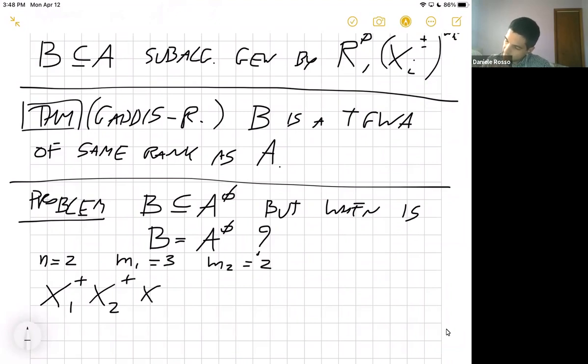So you could have an element like x1 plus, x2 plus, x1 plus, x2 plus, x1 plus. And this is fixed, because if I act on x1 by a third root of unity and on x2 by -1, then all the scalars will cancel out. The problem is that I am not guaranteed to be able to move these past each other to write it just as something in x1 to the power 3 and something in x2 to the power 2. There's no guarantee that I can move those monomials past each other.